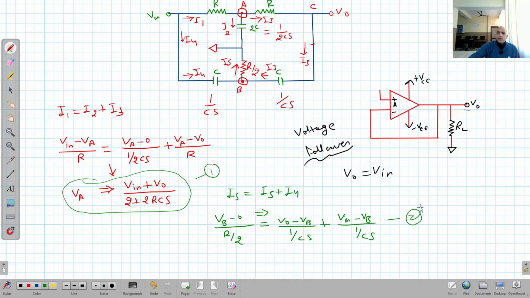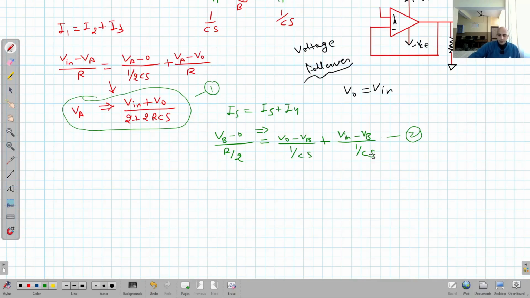Again, when you solve this equation for VV, you will get RCS into V in plus V output divided by 2 plus 2 RCS. Clear? This is what you get after simplification.